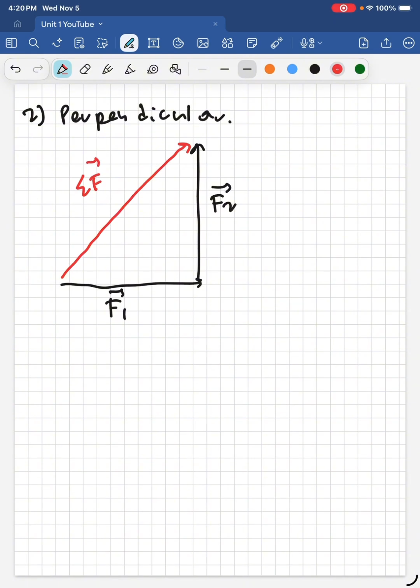And if this angle is theta, okay, then the magnitude of sigma F, which we write without the arrow, is just the square root of F1 squared plus F2 squared, where F1 and F2 are the magnitudes of the vectors F1 and F2, okay? So yes, and this will be newtons, and this is the magnitude.